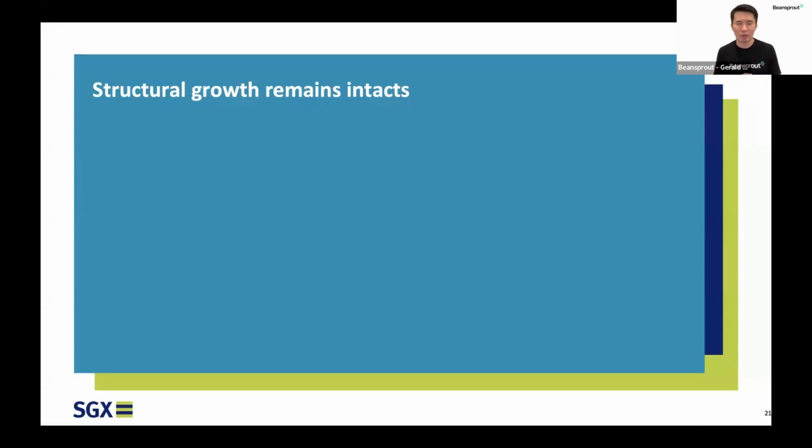EVs is actually the way forward. So there is actually a very strong structural growth angle towards electric vehicles. So what are some of these structural growth drivers that we are looking at? Okay, so we'll go through in the next few slides to see why investors think that EVs are the way forward and it will grow very significantly over the next 5 to 10 years.